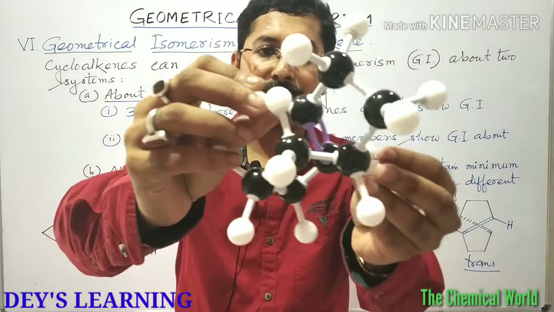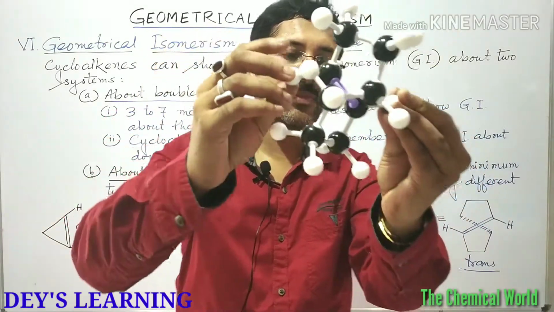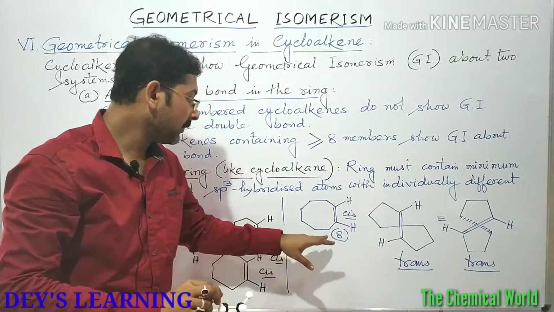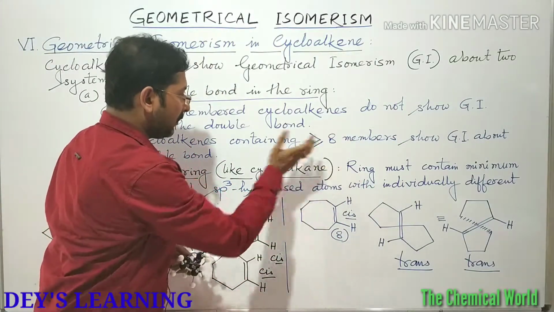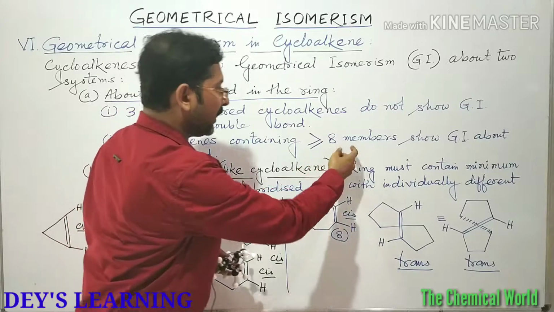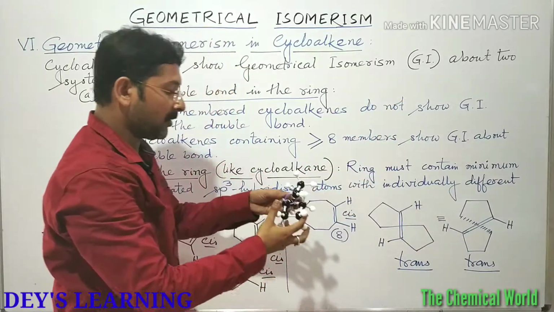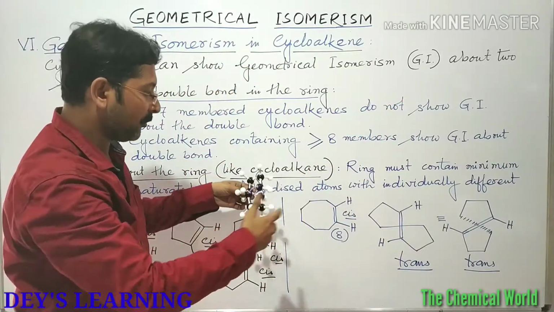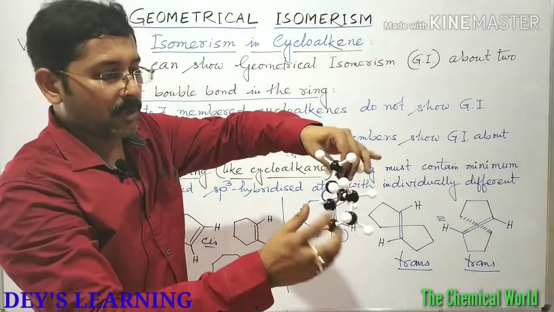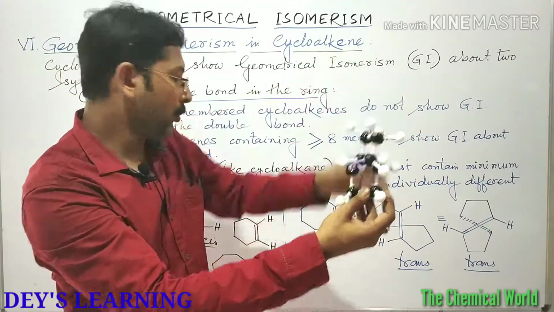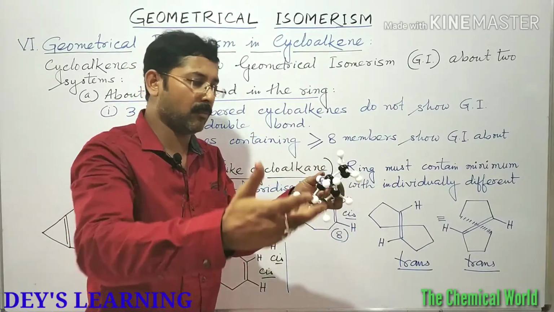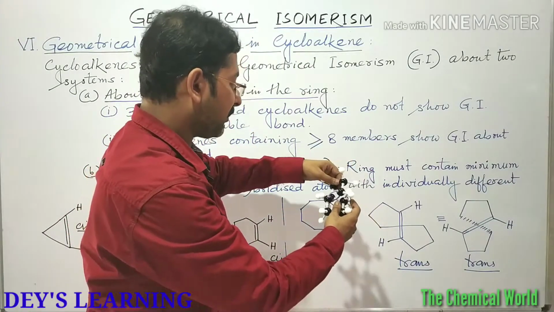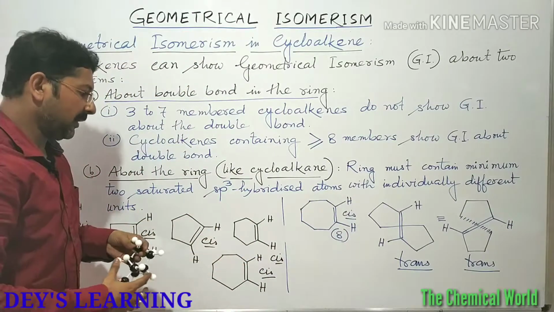But these two hydrogens are actually trans. This is possible only when the cycloalkene ring contains 8 or more than 8 carbons. This is trans.